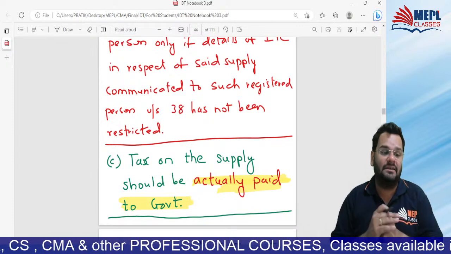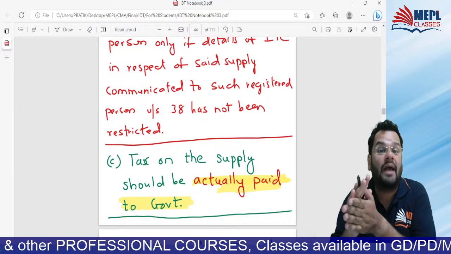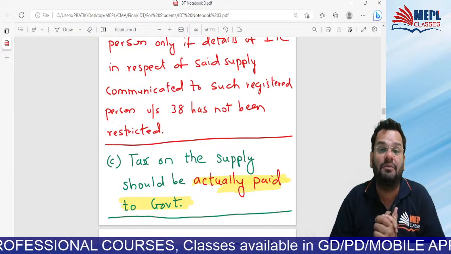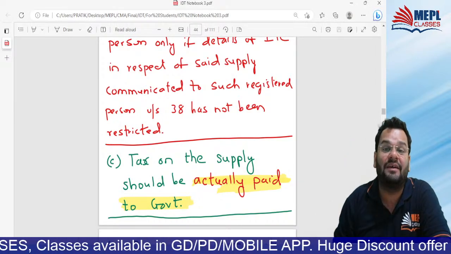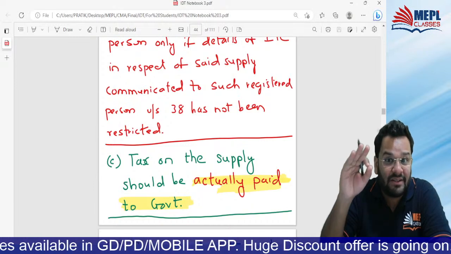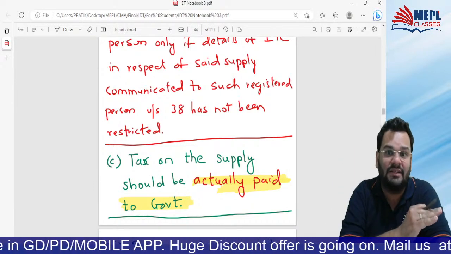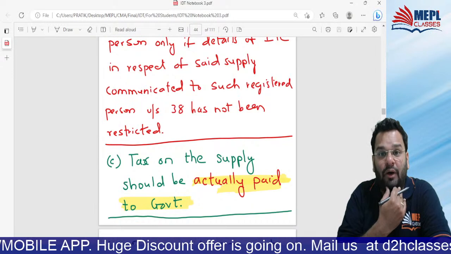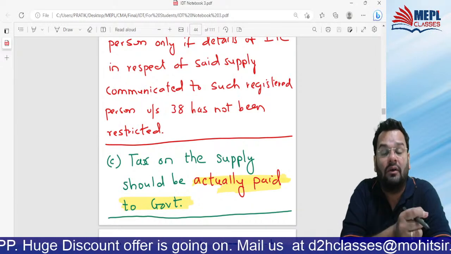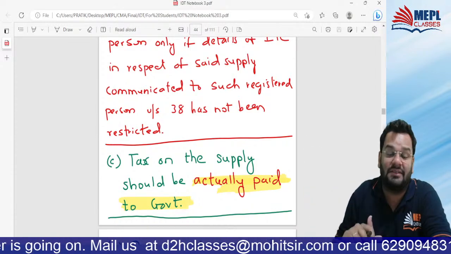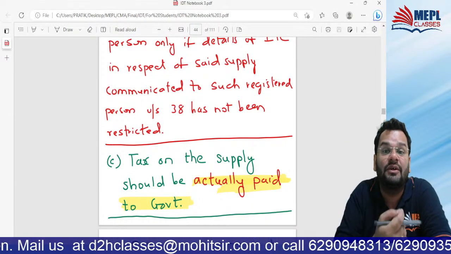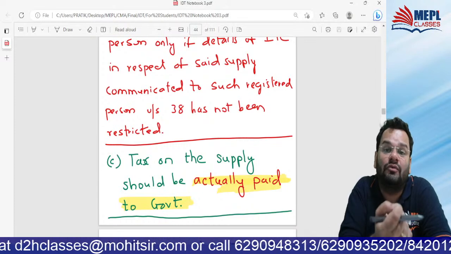Who can claim ITC? Only a registered person can claim ITC. On what? On such goods or services which are purchased and supposed to be used in the course or furtherance of business.